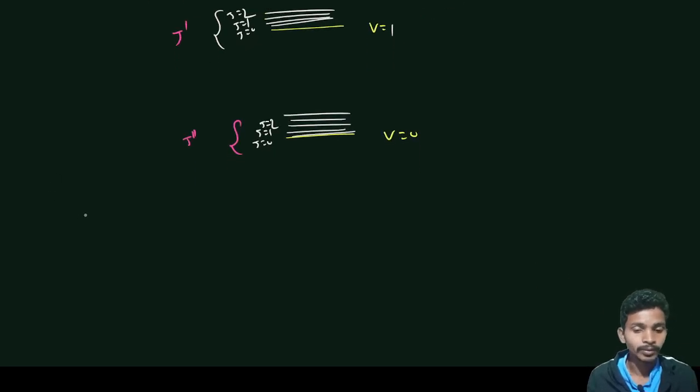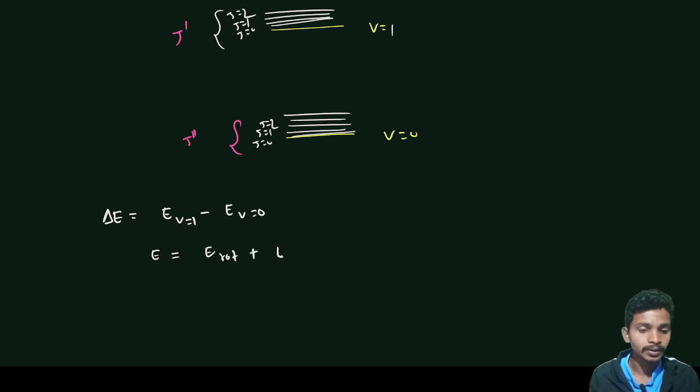Now if I talk about delta E, that is equal to E at v equal to 1 minus E at v equal to 0, and E is what? That is E rotational plus E vibrational.